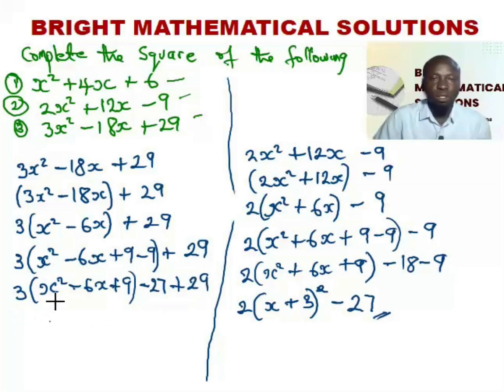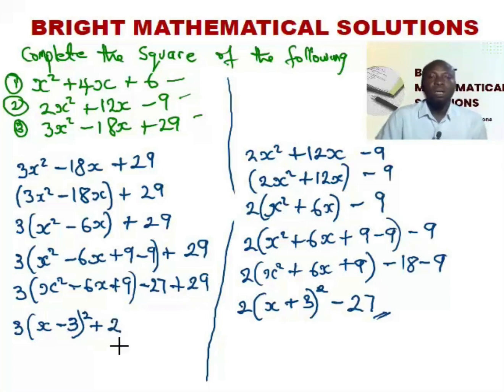So this expression now gives us a perfect square expression, such that this now becomes 3 into bracket x minus 3. Why did I put minus? Because the coefficient of x here is negative. That is why I put negative. Because the coefficient of x in the earlier one is positive, that is why I put positive. So x minus 3 raised to power 2, plus minus 27 plus 29, that is plus 2.